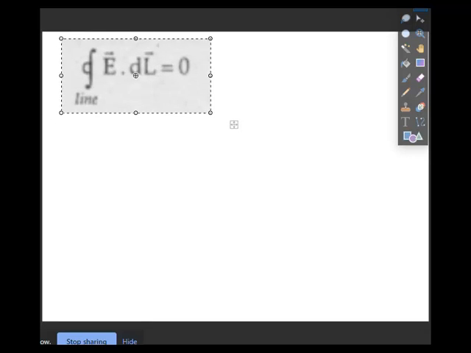This expression states that the voltage, or potential difference, or EMF, electromotive force, along a closed path is always equal to 0. It expresses that if you have a closed conductor, a closed path, then there will not be any variation in voltage.